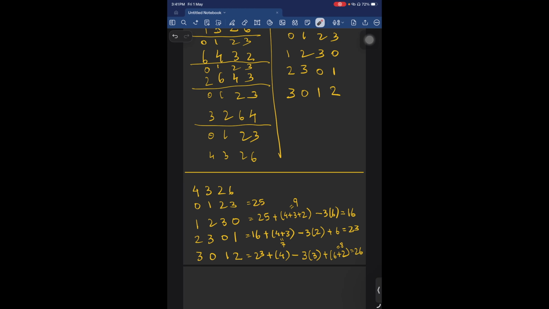Now in f of 1, the index values of 4, 3, 2 are 1, 2, 3. So now 4 will be once in f of 1, 3 will be twice, and 2 will be thrice. But they are already 0 times, 1 times, and 2 times.